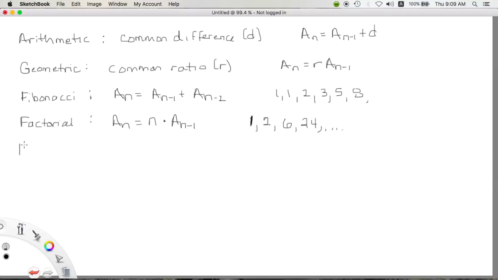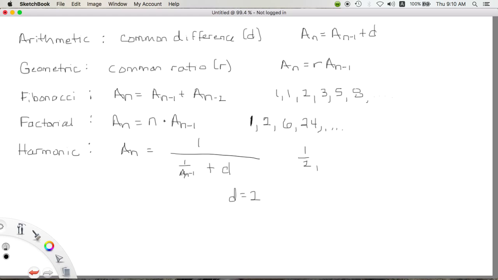And then the last special one we're going to talk about is called a harmonic sequence, and that's just a reciprocal of the arithmetic. The way we write that is we take 1 over the reciprocal of the term before, and then add the common difference. So for example, if we have 1/2 as our first term, and our common difference D is 2, we're adding 2 along the bottom. We start with 1/2.